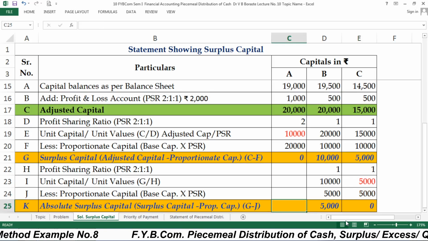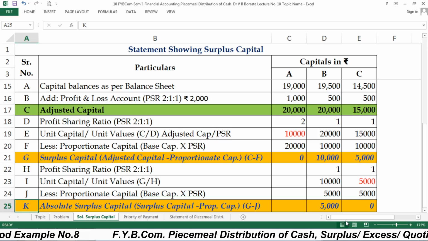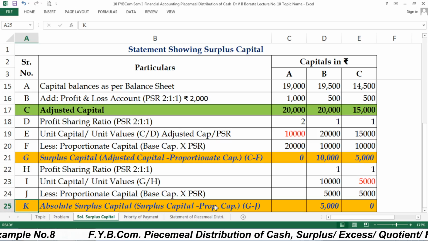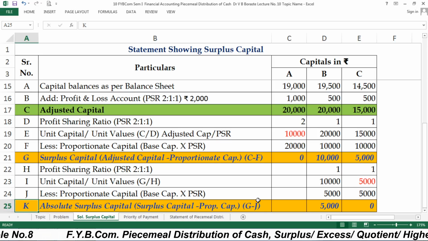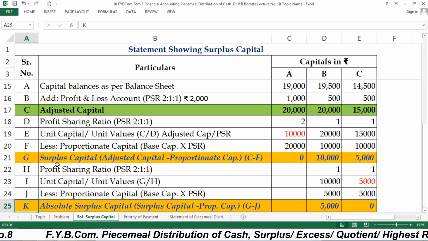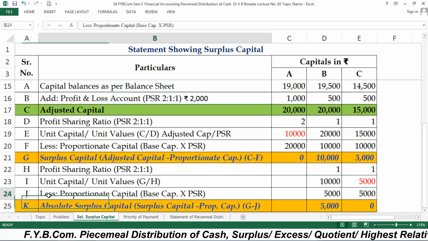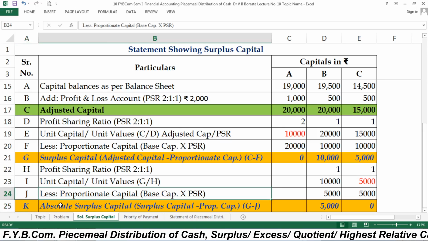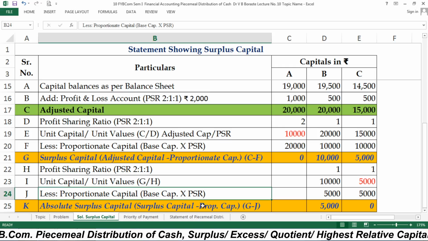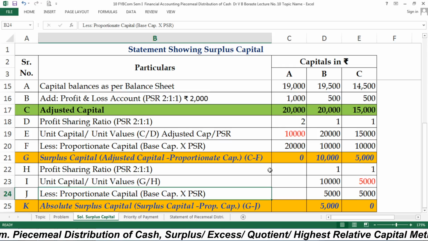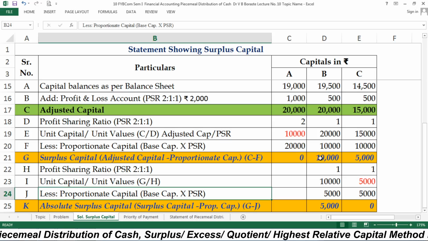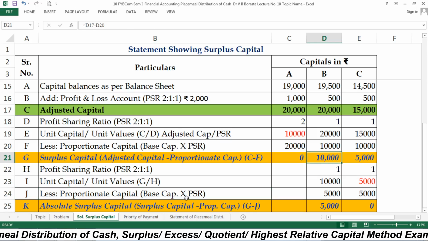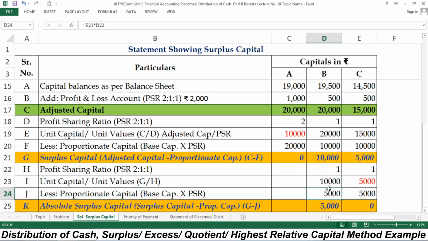The next step is absolute surplus capital. How will you calculate absolute surplus capital? G minus J. G means surplus capital and J means proportionate capital. So surplus capital minus proportionate capital. In case of Mr. B, surplus capital was 10,000 and his proportionate capital is 5,000.